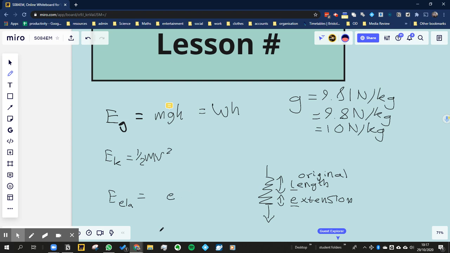The other thing is similar to the gravitational field strength, which is pulling that mass towards the ground with a larger force. So it's like the strength of the gravitational field. And in this way, we're going to have the strength of this spring. So if this spring was really, really thick and really, really hard to stretch, then if I did stretch it and pull it by 10 centimeters and let go, it's going to come back with a larger force.